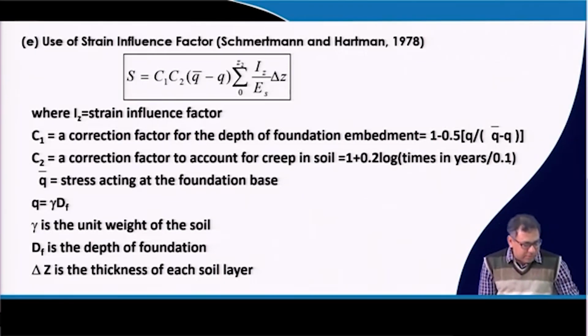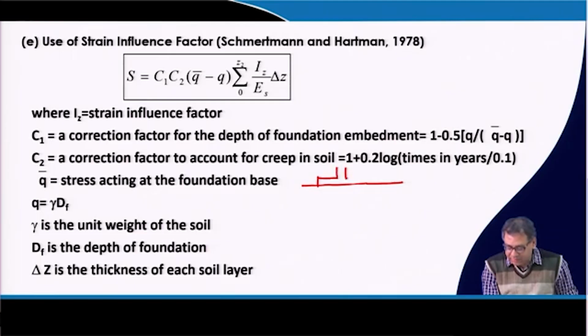Now, what is Z2, and how will I get Iz, the strain influence factor, for a particular foundation? Suppose we have a loading, this is the ground surface, and we have a foundation, which can be at any depth also.